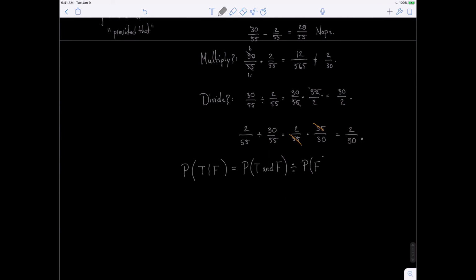So it becomes the probability that they drive a truck and are female, divided by the probability of a female. Notice that the restriction becomes the denominator of the problem, which helps you when you need to set these up to solve them.